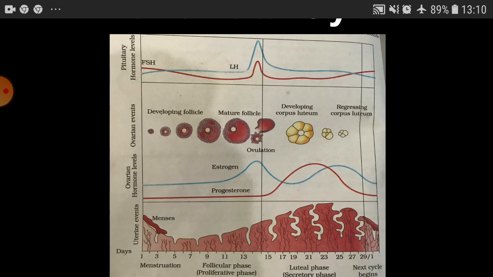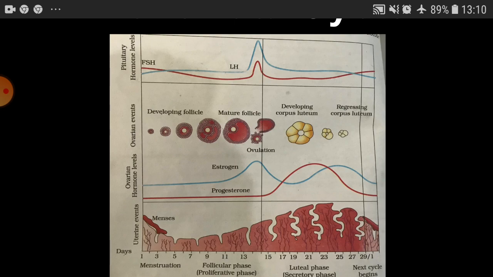It comprises events like the anterior pituitary lobe secreting FSH. Here you see the levels of FSH start rising. Initially, the FSH stimulates the growth of the selected primary ovarian follicle and maturation of the primary oocyte in this follicle. The FSH also stimulates the follicle cells to secrete estrogen, which is a female sex hormone.